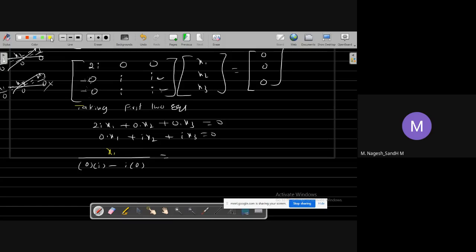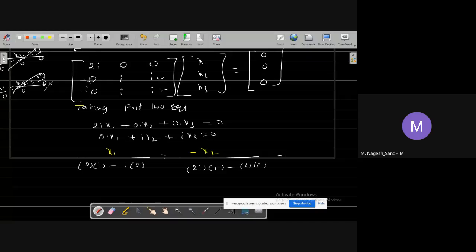Minus x2 by, close this column, what will you get? 2i into i minus 0 into 0.